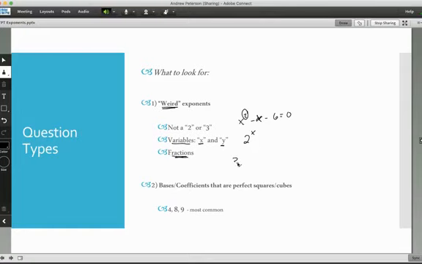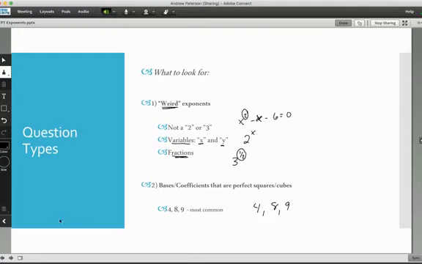If we see something like 3 to the 1/2, this is important because, again, this probably shouldn't make us feel too comfortable. And bases and coefficients that are perfect squares or cubes, that's another nice sign. If you see numbers like 4, 8, or 9, as I have over there to the left, if those are raised to certain exponents, this is another indicator that you're going to be using the exponent rules that we just talked about.